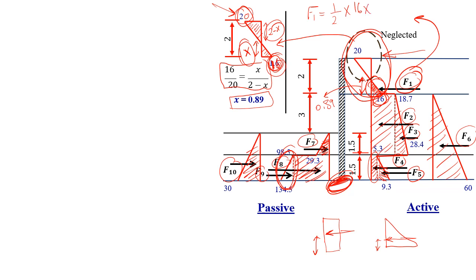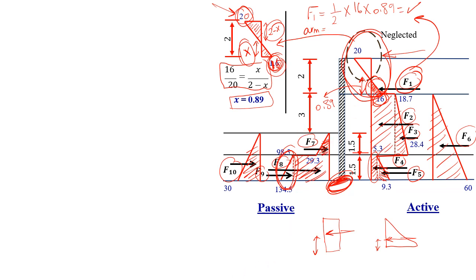So it's half by 16 by 0.89. Now you can get the value of F1 for every meter run of your retaining wall. And of course, the arm of this force from the base of the retaining wall is equal to 1.5 plus 1.5, which is 3 meter, plus 1/3 of the height of the small triangle.